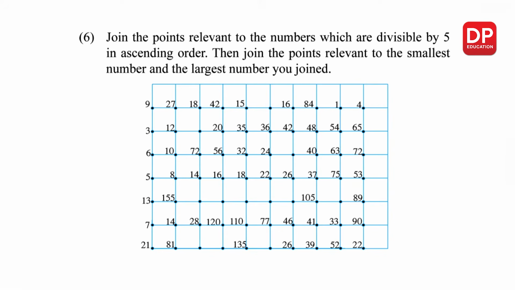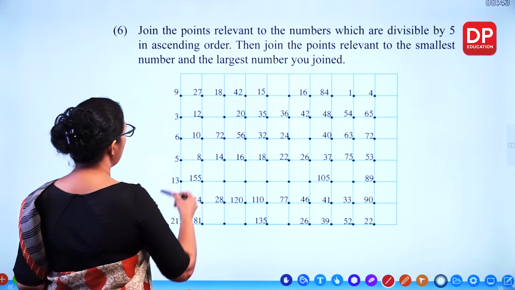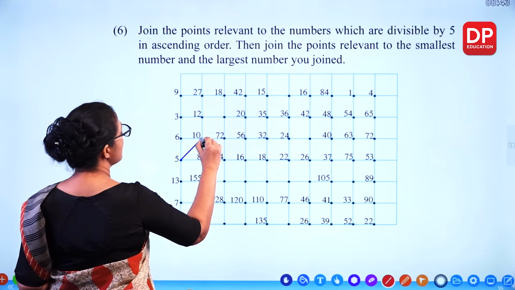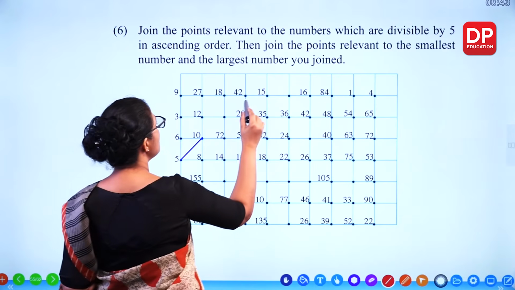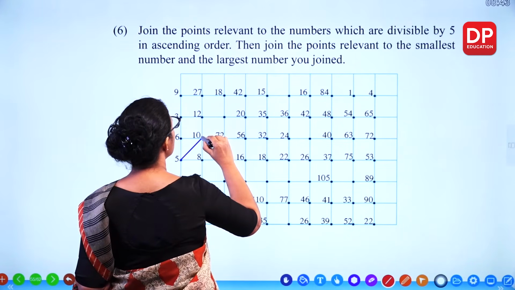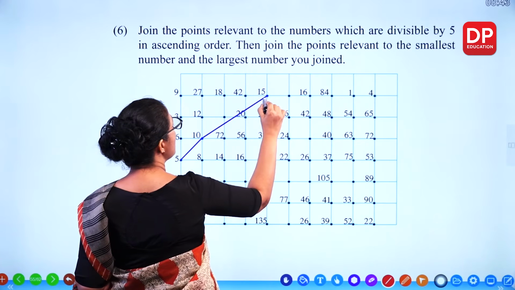Join the points relevant to the numbers which are divisible by 5 in ascending order, smallest to largest. Then join the points relevant to the smallest number and the largest number you join. So we'll start from 5. Then you get 10. Then you get 15. And then 20.